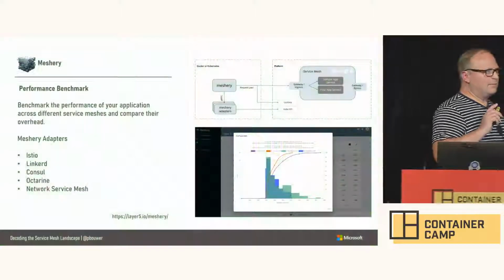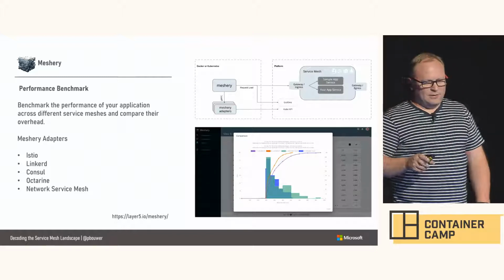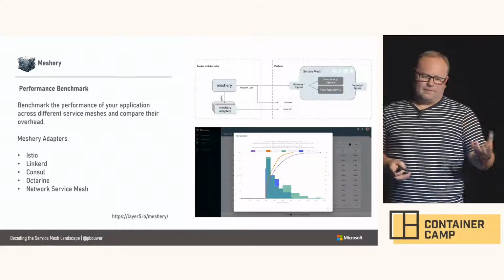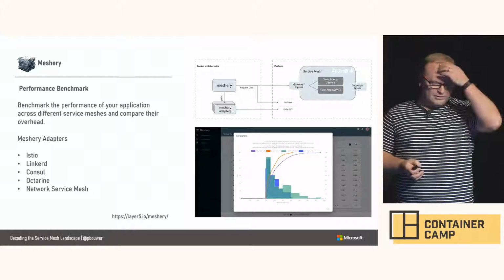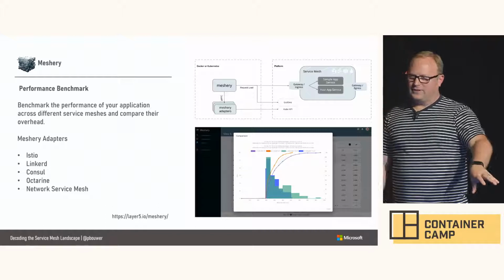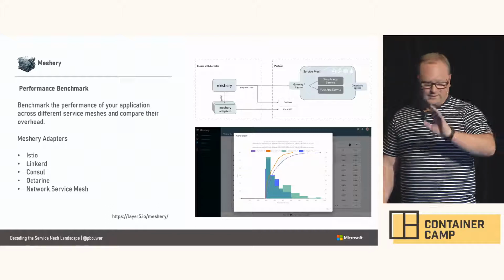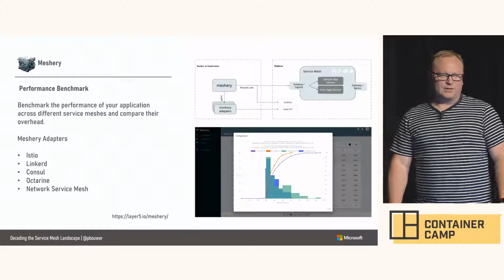So within the benchmarking discussion, the first, well, it's not even a product, it's an open source project. Lee Calcote started this. He's written a ton of Istio books. Read his stuff and watch his talks. He's amazing.